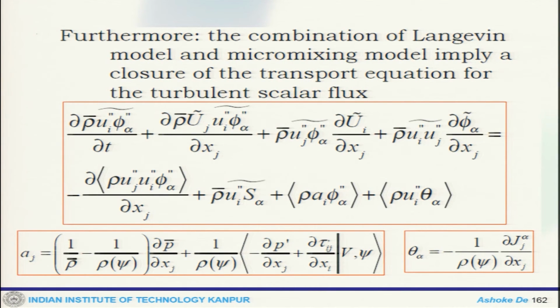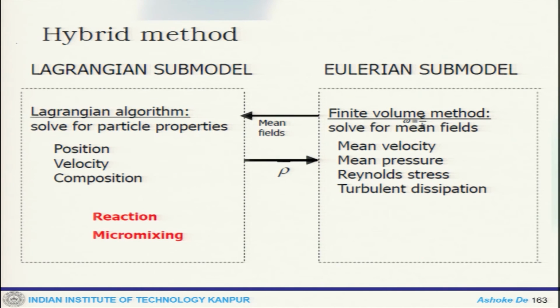Now further there would be a combination of the Langevin model and the micromixing model, so that will close the transport equation for the scalar flux. If you look at the scalar flux, this is how you get it, and this is the term which will appear in the closure of that, and this is theta alpha. So that's how you close this term, and then you go to the solution approach, which is again in the hybrid framework.